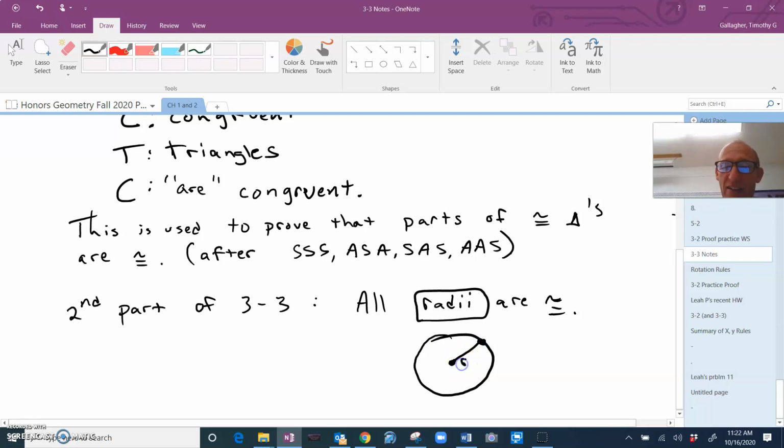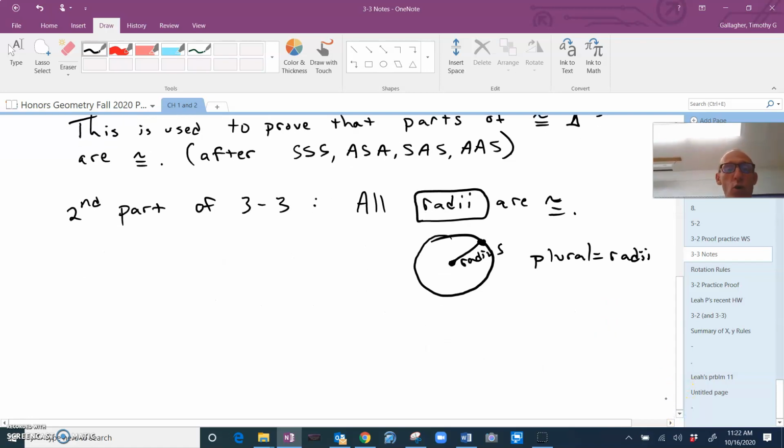That's what a radii is. One is a radius, more than one is radii, so plural equals radii. So every radii of a circle are congruent.